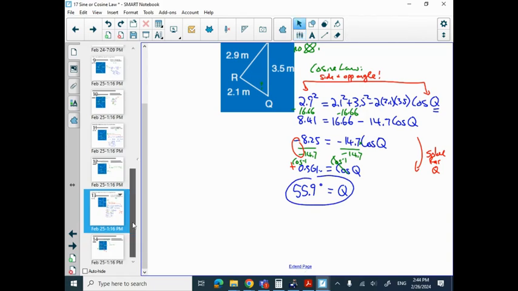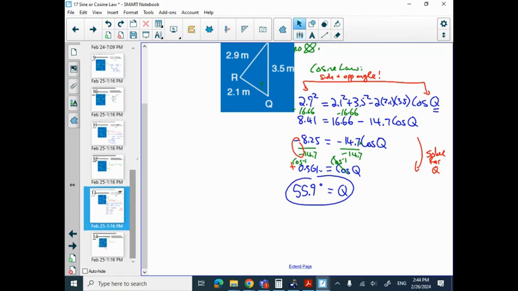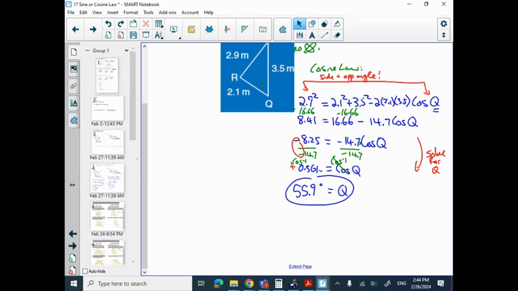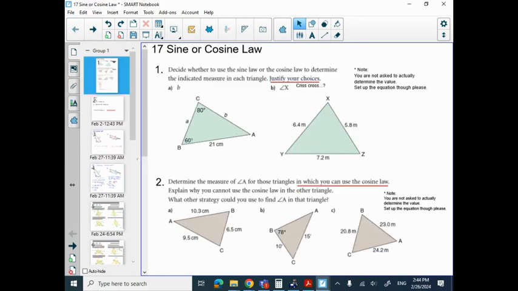Just be aware that in questions that aren't specifically labelled cosine or sine law, you've got to figure out what type of method or formula is needed. Notice in this question sheet, it's not nearly as much work as it looks.